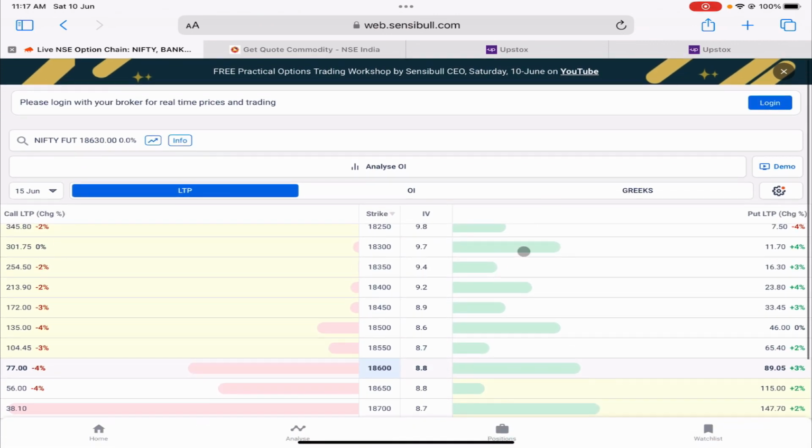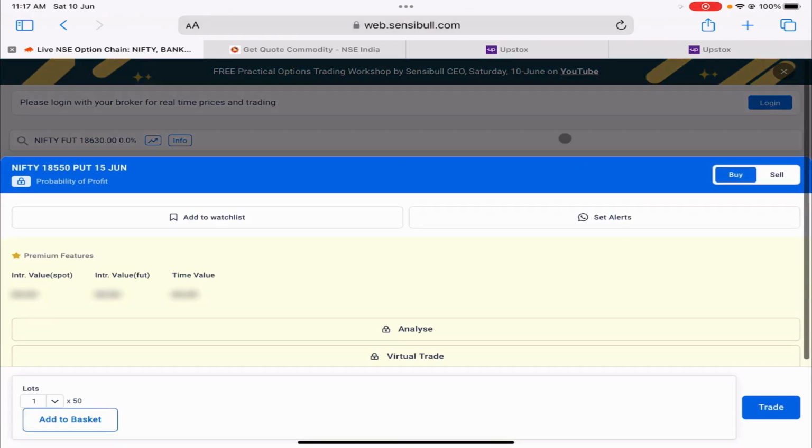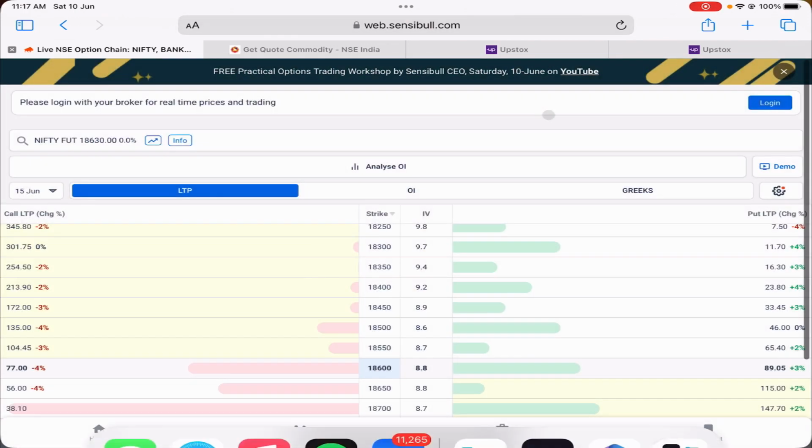So these are my Nifty options. The middle is giving you the strike price, and these are my call options on the left side, and these are my put options on the right side. IV, which is implied volatility, is also given over here, and these are the prices of one lot of the call or put option. We will discuss everything in detail, so don't worry about that.